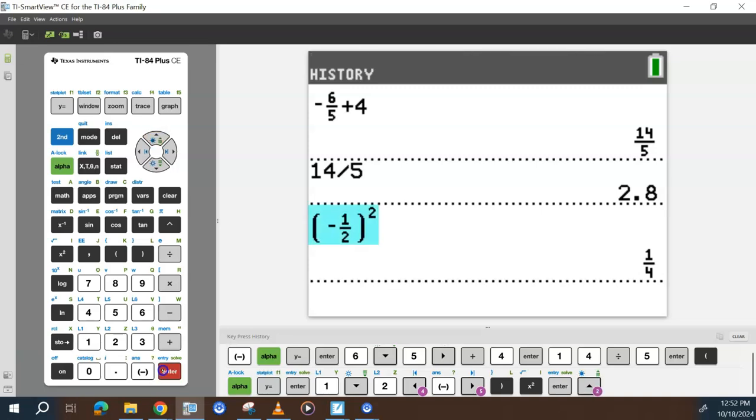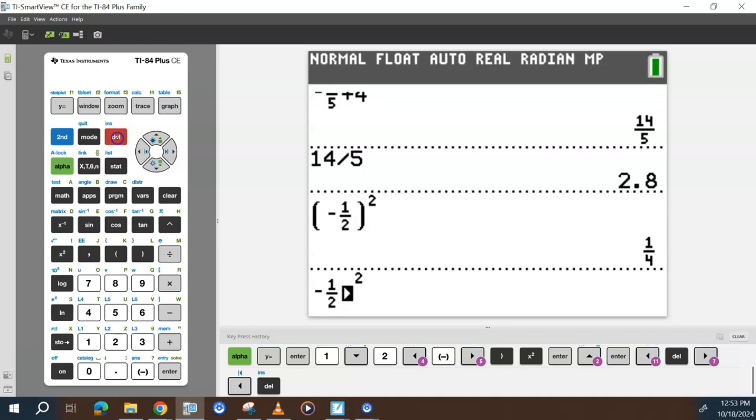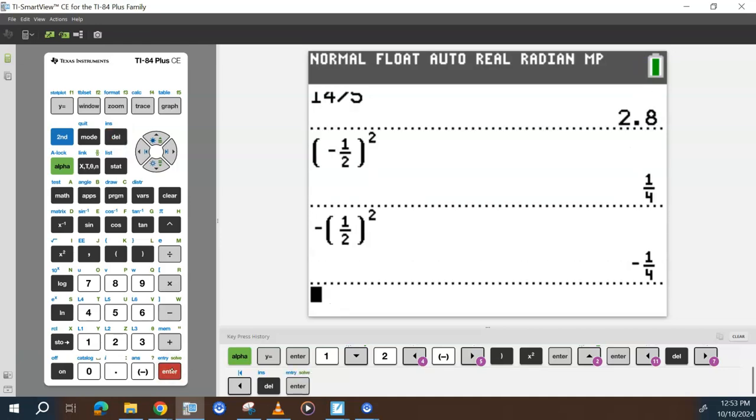But if you don't, you get a negative, because exactly what it did, it's saying it thinks you want negative times 1/2 squared, which are 2 different things. Wait, so I have to use parentheses also. Any other questions on that one?